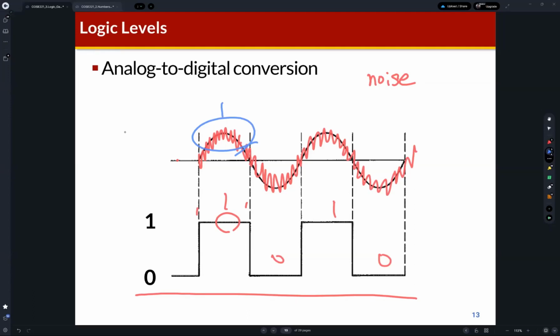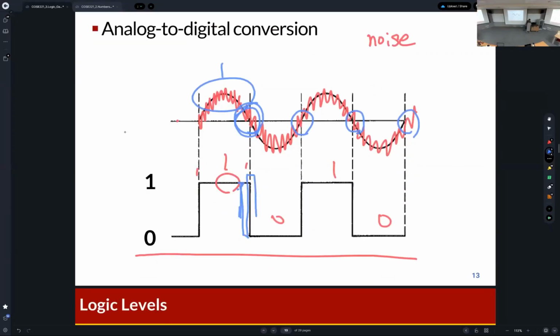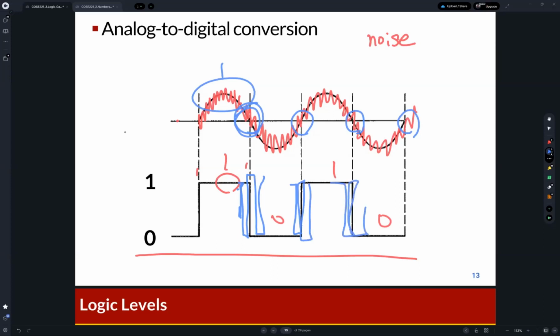But if we look at this region, and this region, and this region, the problem is that the signal fluctuates near the threshold level. If noise is added to the real analog signal, then in this region the digital value becomes 0, 1, 0, 1. Also in this region, 0, 1, 0, 1, 0, 1, 0, 1, like this.